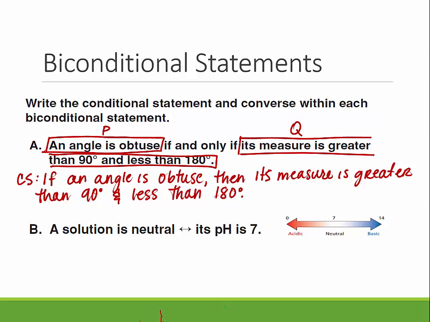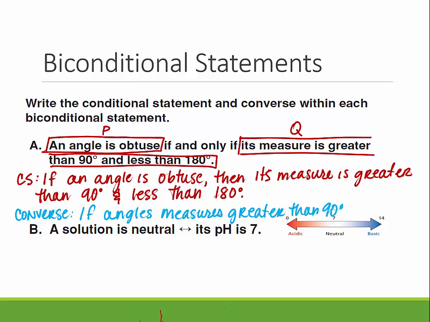And then the converse of this, remember, is when we just switch P and Q around. So we have now if Q: if an angle measures greater than 90 and less than 180, then it is obtuse.